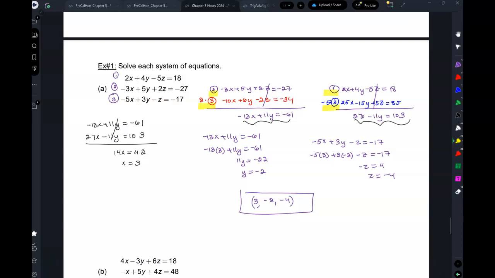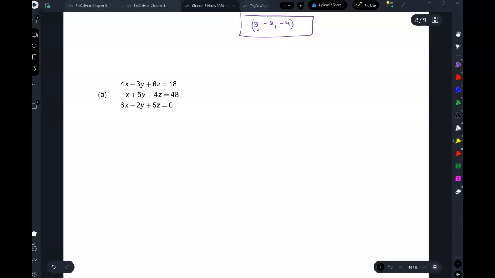This isn't just showing my work. If I made a mistake, this bookkeeping lets me go back and retrace my steps, right? So make sure you write all that. Okay, by the way, somebody hasn't put their cell phone in the pockets. All right, let's go on to the second one.